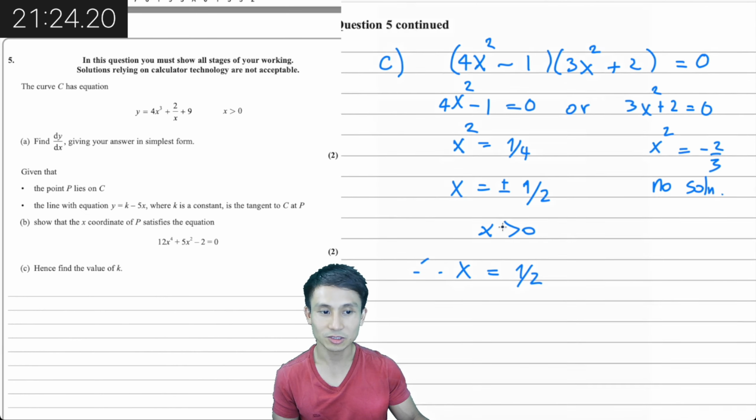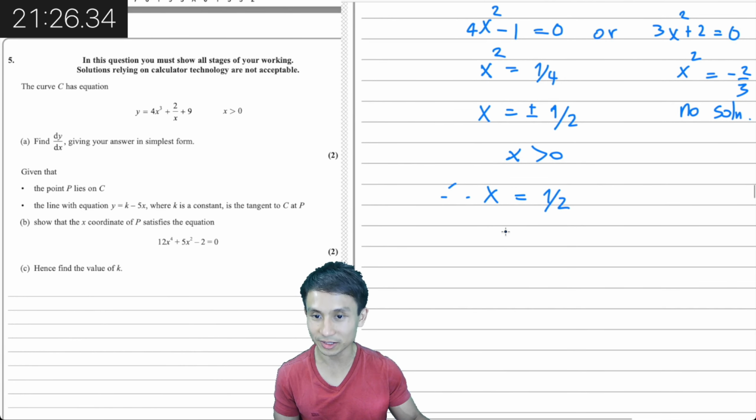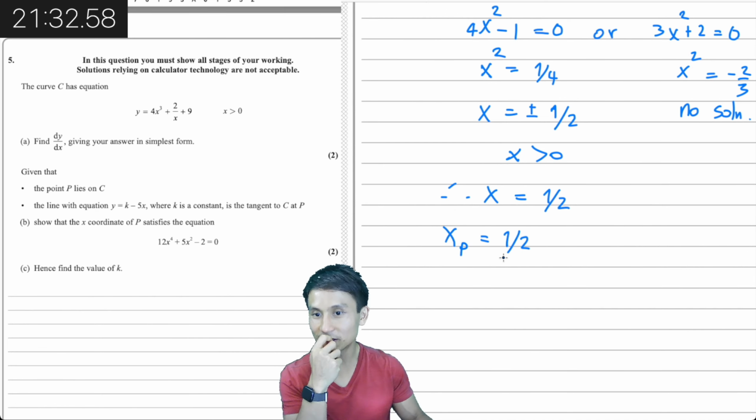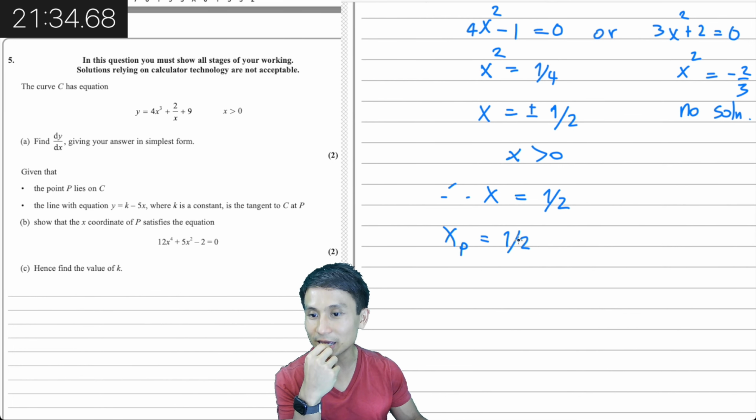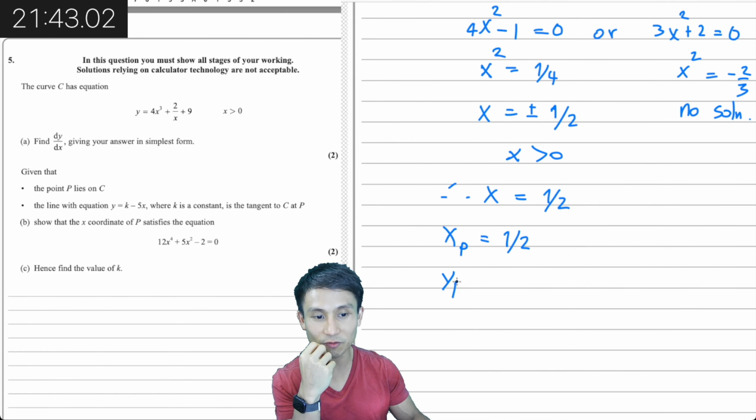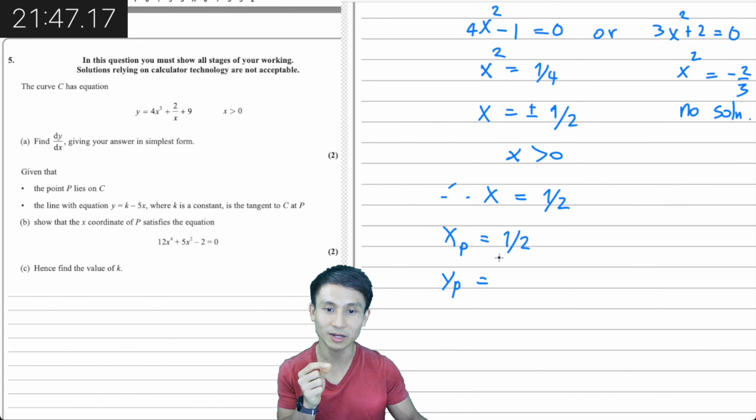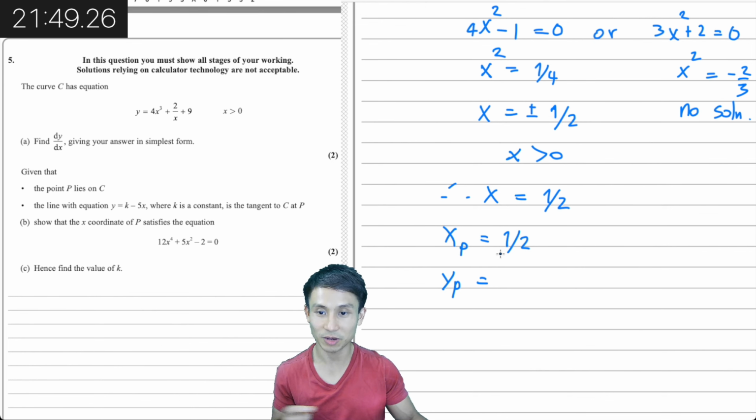So we get the x coordinate of point P. But we're not done. Because we want to know what k is, we need to know the y value of the point P as well. The y value of point P is found by substituting into the curve equation, because this point is also on the curve apart from the line.